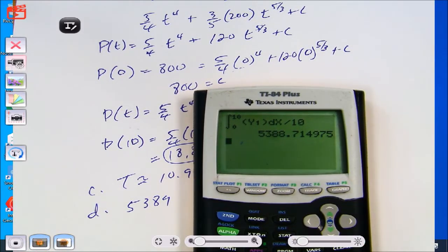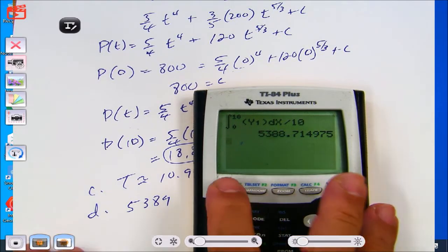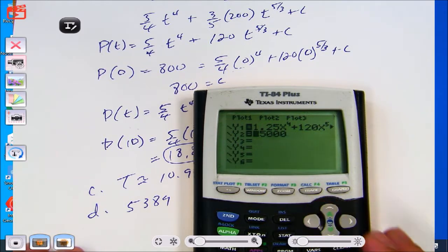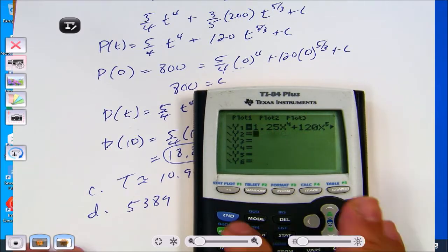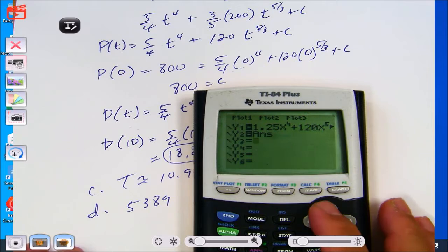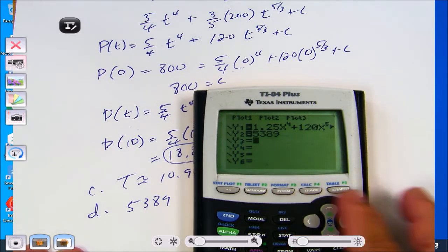All right, during which year does the population equal the average? So now I'm looking for 5,389. So I'll go to the y equals screen. Clear. Second answer. Okay, that's not going to be reliable. I'm just going to type it in: 5389. All right, so I'm doing the same thing as before.